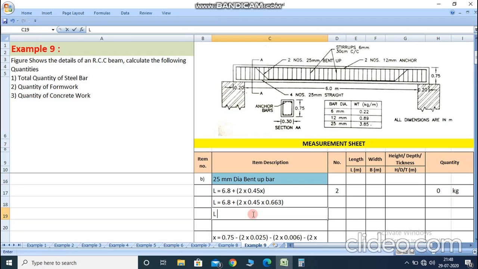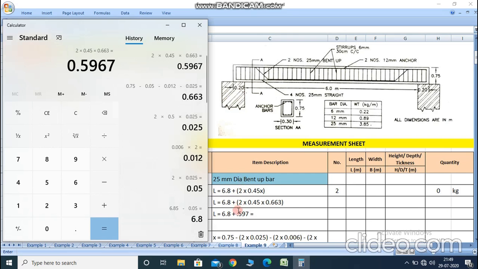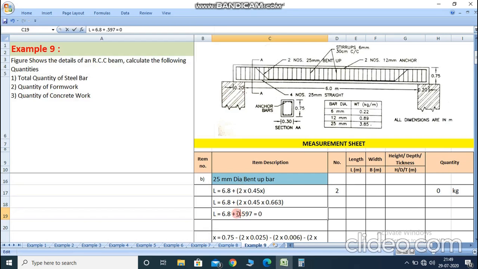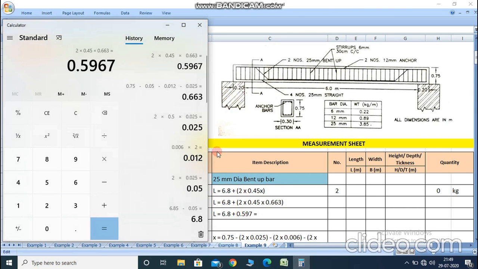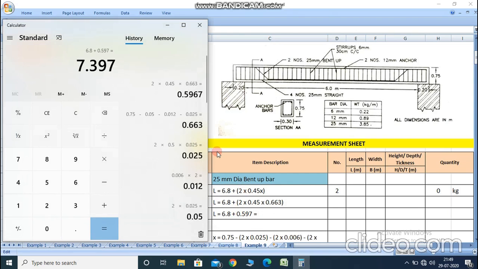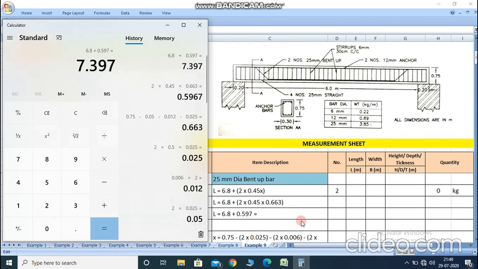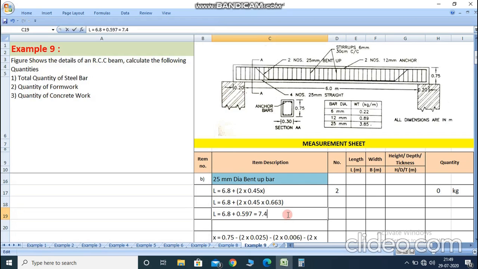So length is equal to 6.8 plus 0.597, which is 7.39, means we take 7.4 meter. So here the length is calculated approximately 7.4 meter.